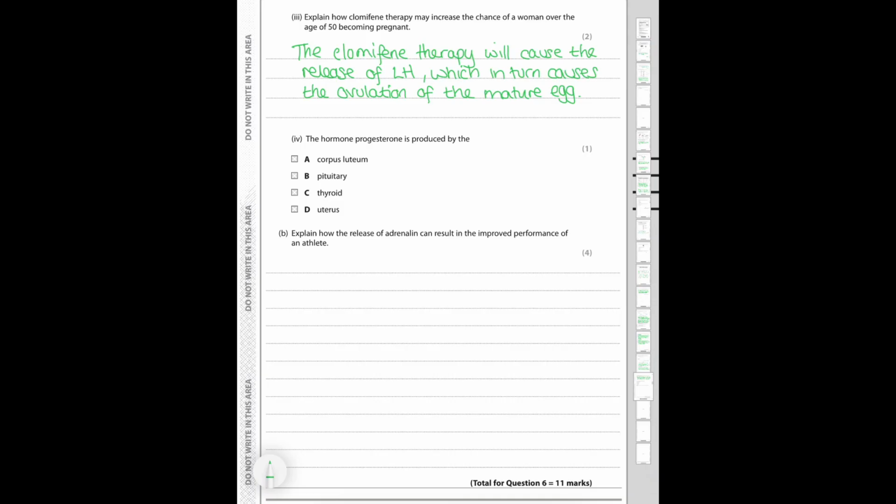The hormone progesterone is produced by, so the gland that produces the progesterone is the corpus luteum.